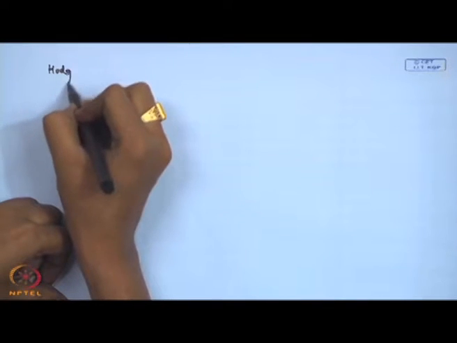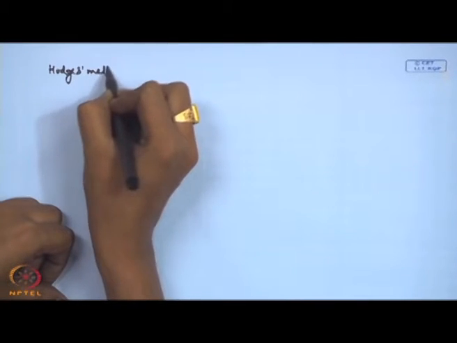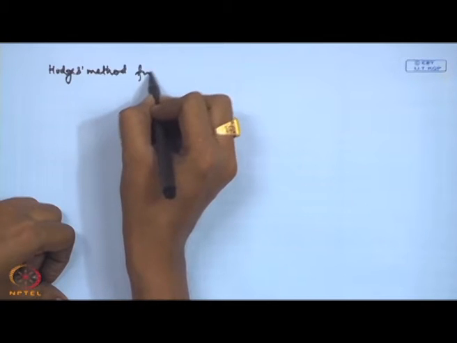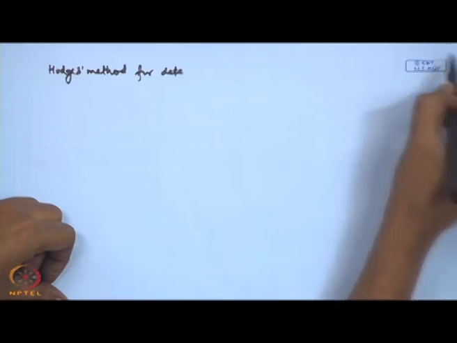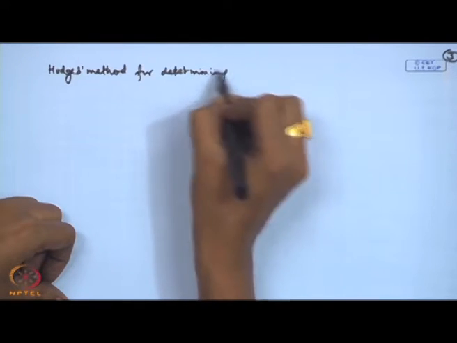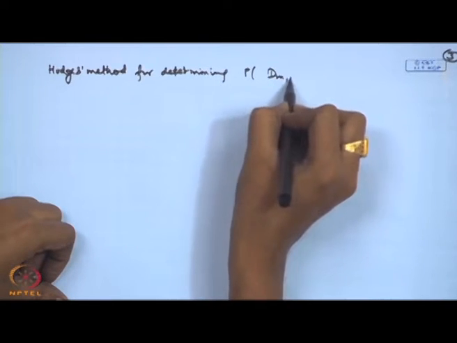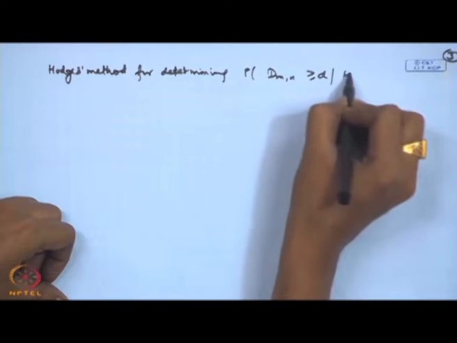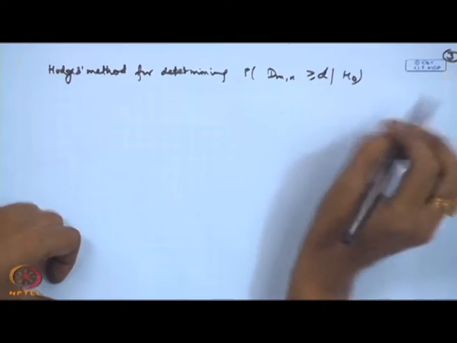One method that has been discussed is Hodges' method for determining the probability of Dmn greater than or equal to d under H0.